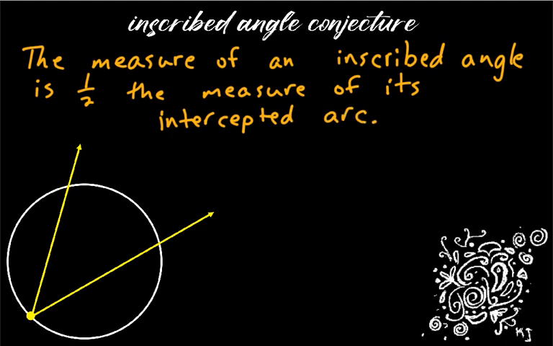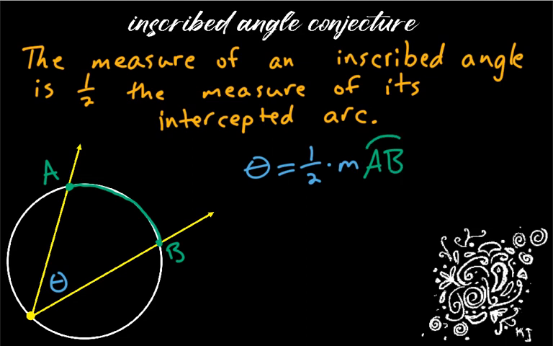So another way of showing that is that this angle, theta, that is the inscribed angle. So theta is equal to 1/2 times the measure of, let me use a different color here, this arc right here. And it's usually best if we label the endpoints, measure of arc AB.